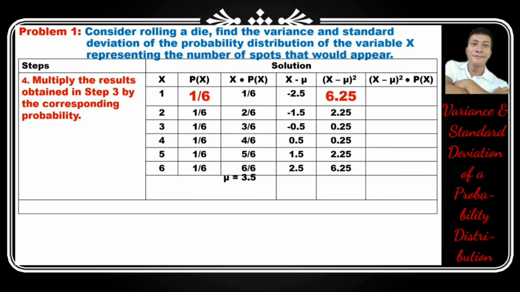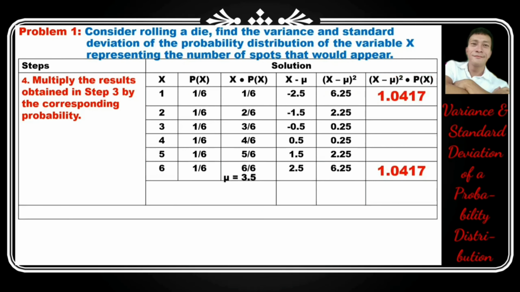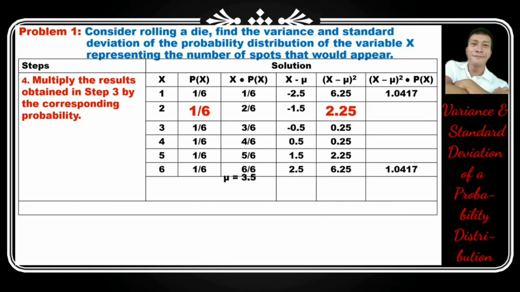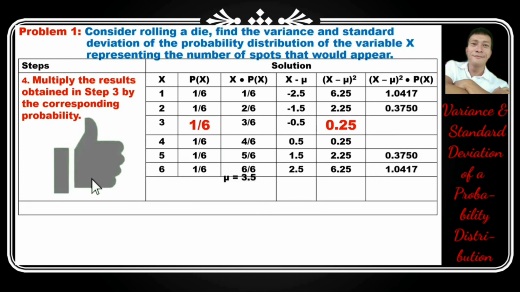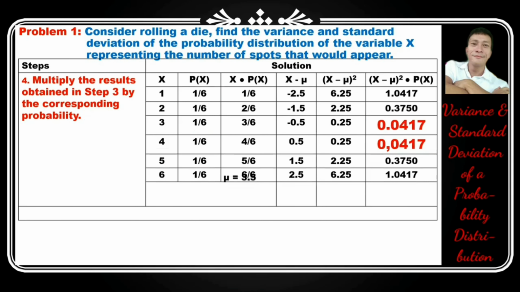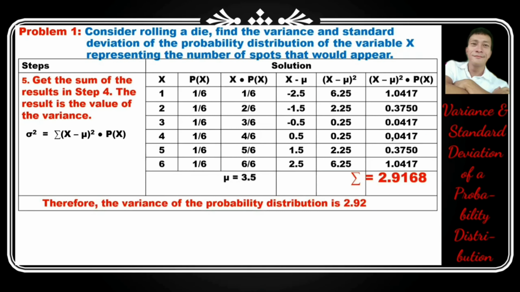Proceed na tayo. 1/6 times 6.25 equals 1.0417. 1/6 times 2.25 equals 0.375. 1/6 times 0.25 equals 0.0417. And for our step 5, get the sum of the results in step 4, the result is the value of the variance.